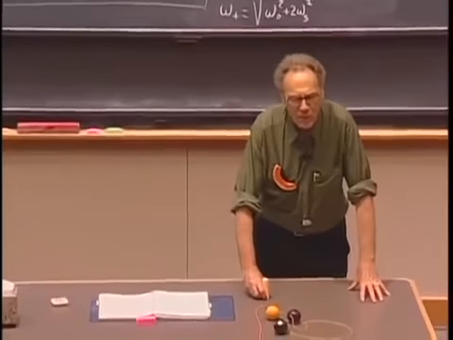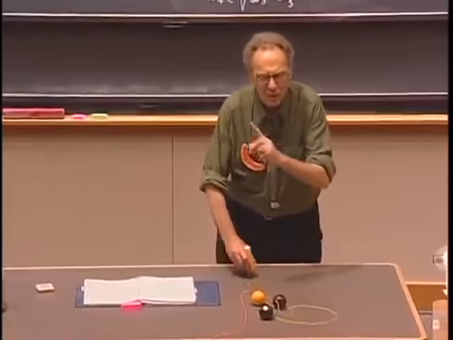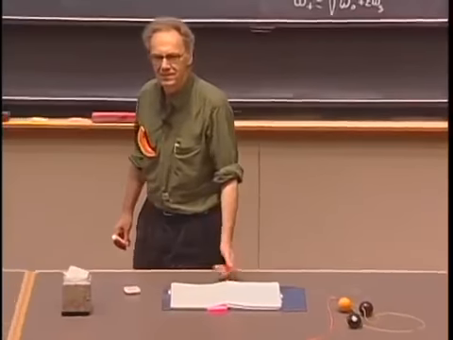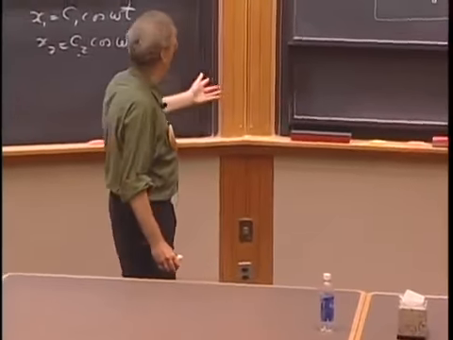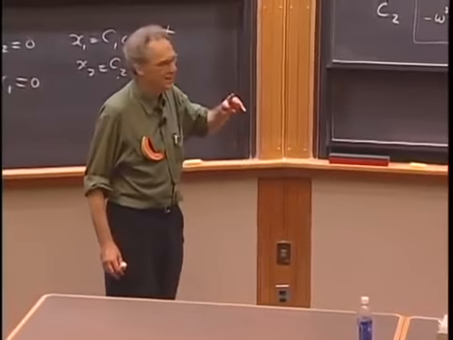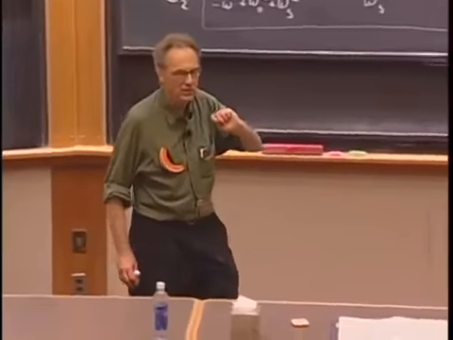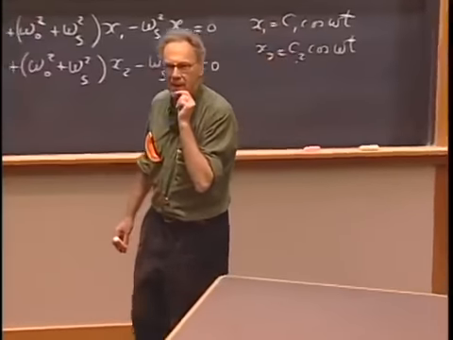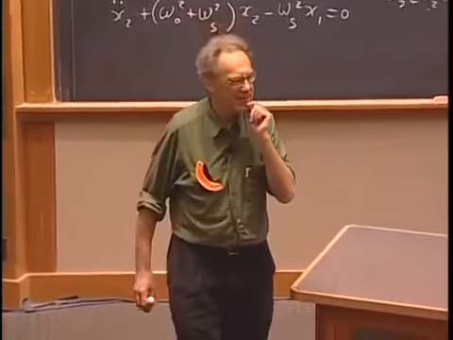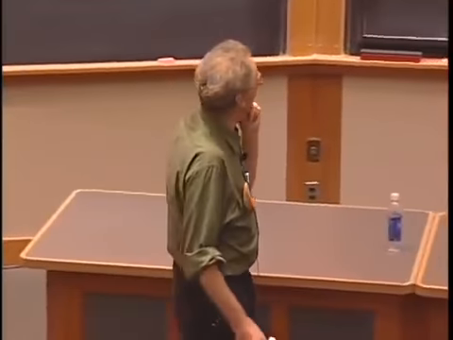But what now is C1 over C2? We haven't solved for that yet. Because I promised you can always solve it in terms of omega and in terms of C1 over C2. Any volunteers? Look at the blackboard. It's somewhere hidden in those equations.